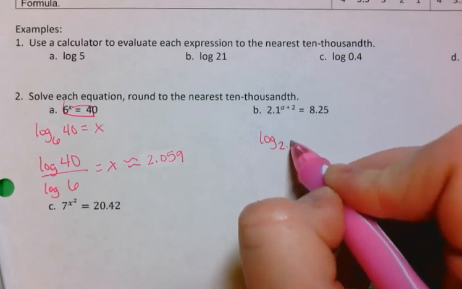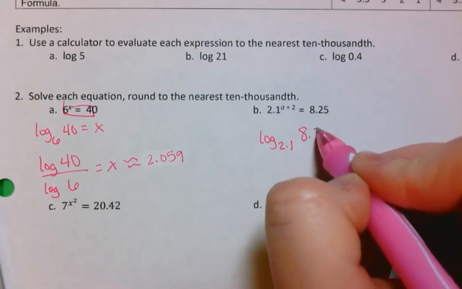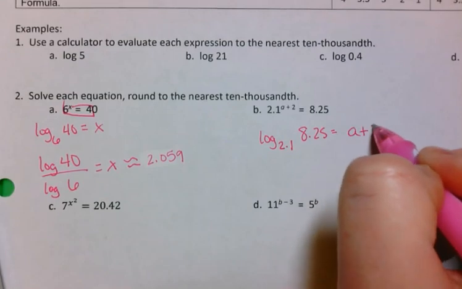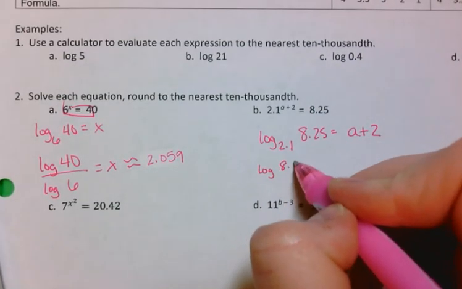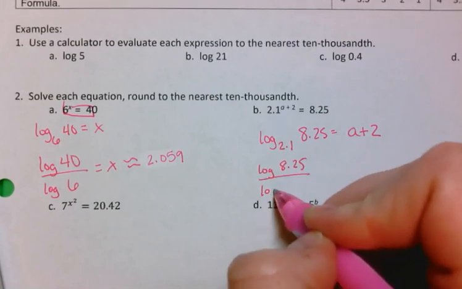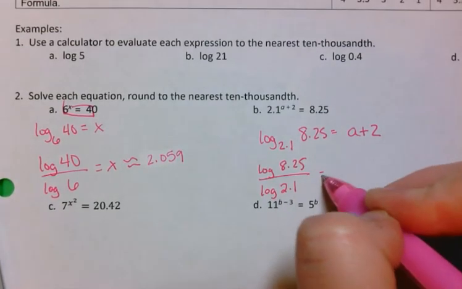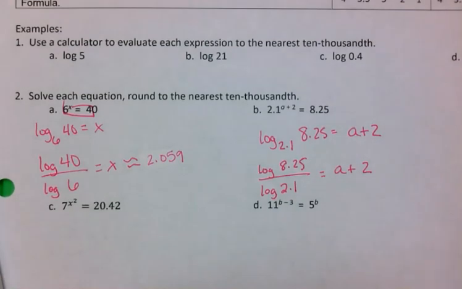So this one here, log base 2.1 of 8.25 equals A plus 2. So I'm going to go log 8.25 divided by log of 2.1 equals A plus 2. Get that decimal approximation.